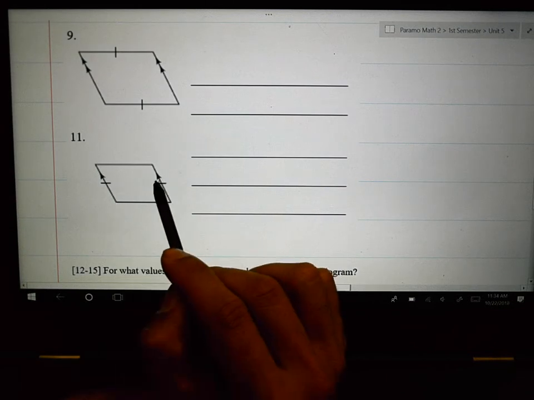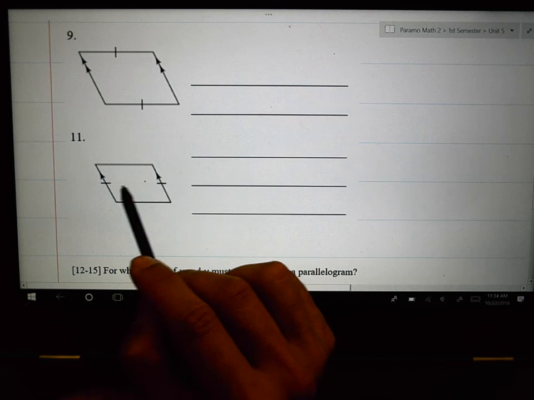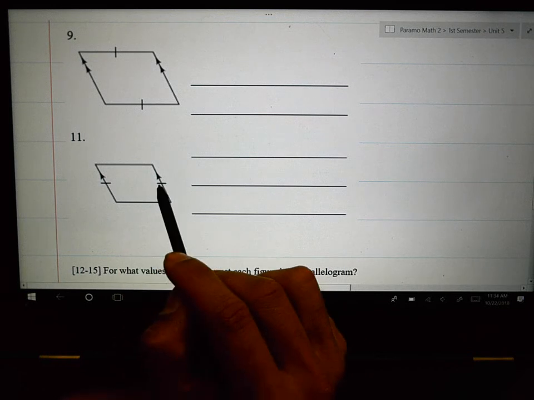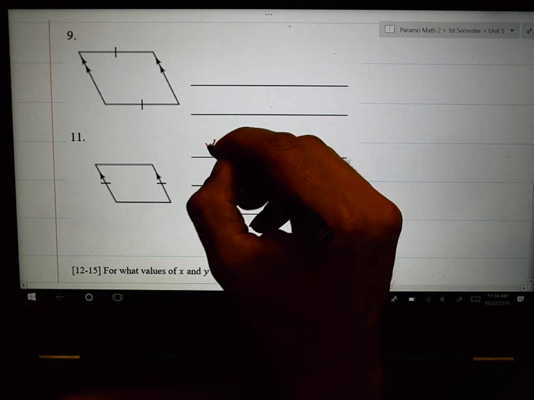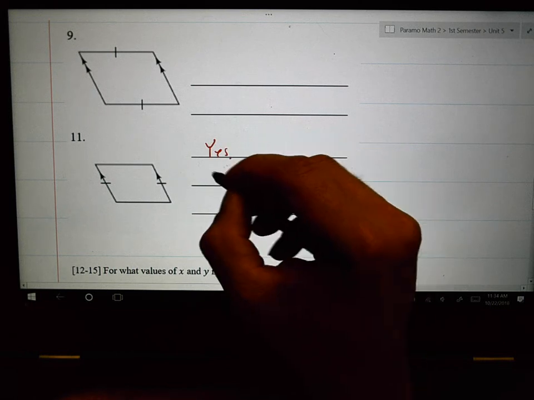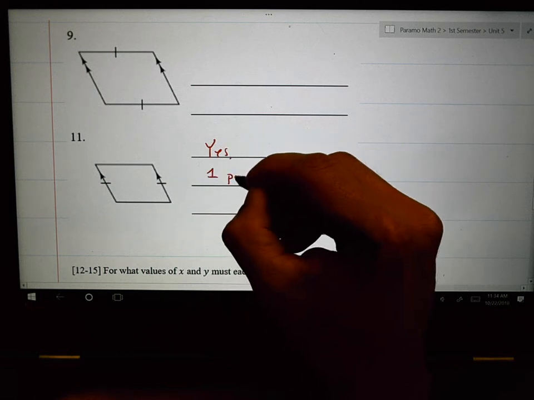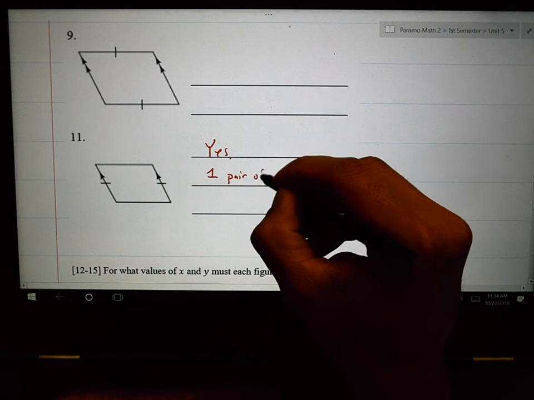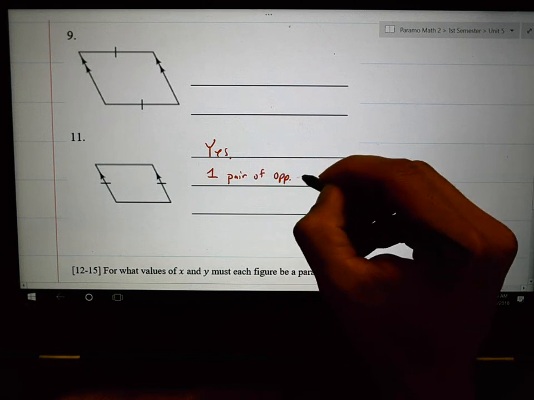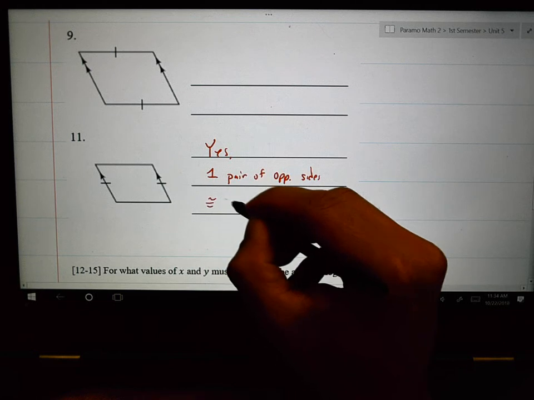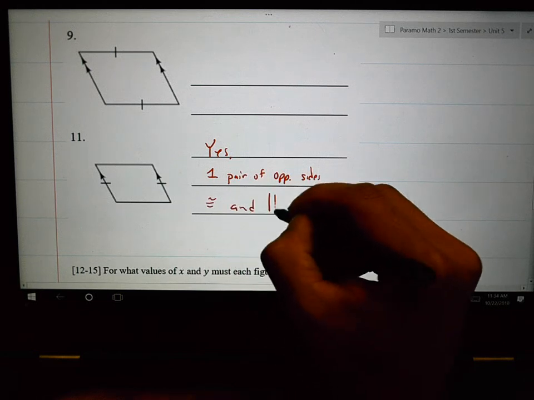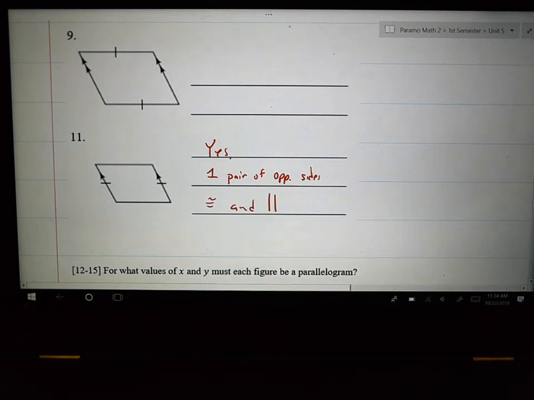Does this have one pair of parallel sides that are congruent to each other and parallel? This one's yes. One pair of opposite sides are congruent and parallel. It's that last thing that we have.